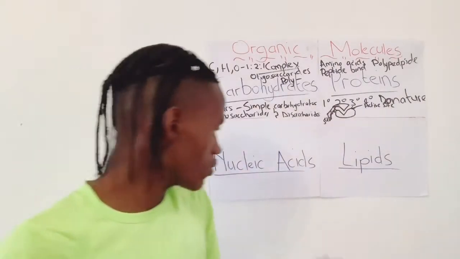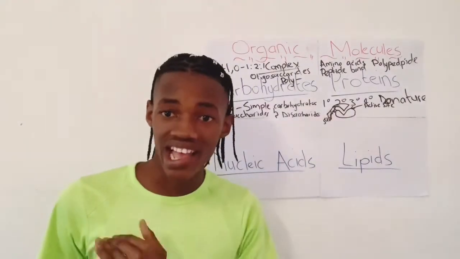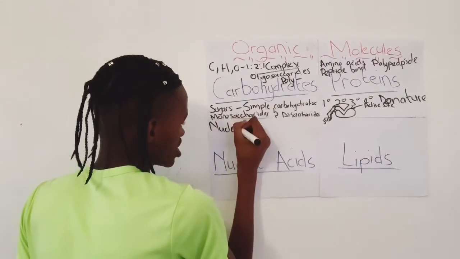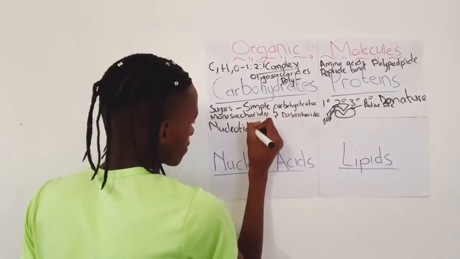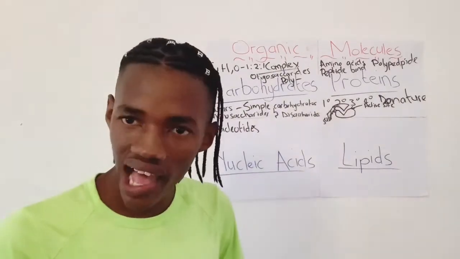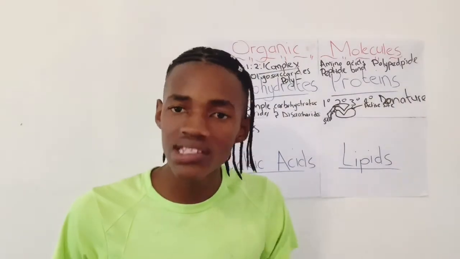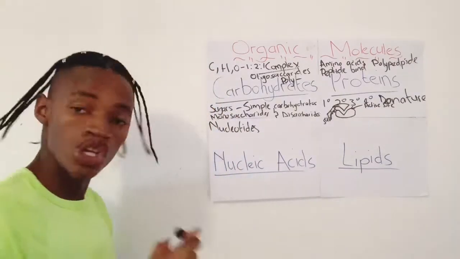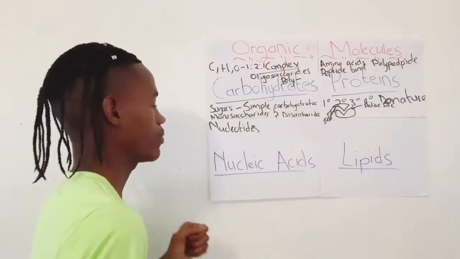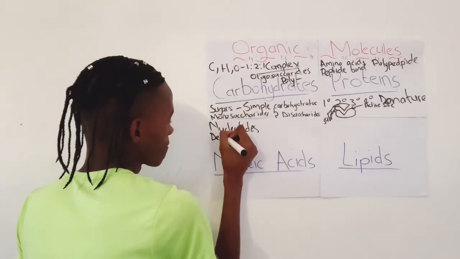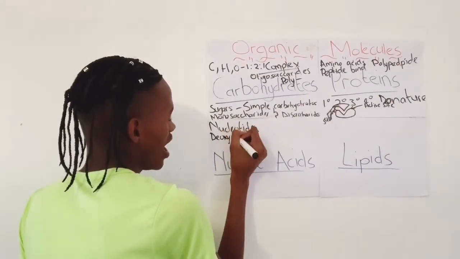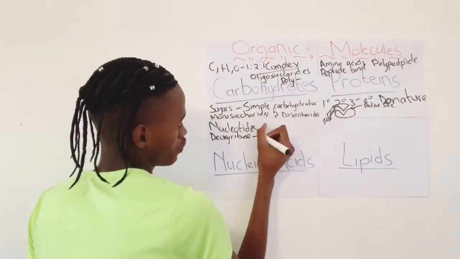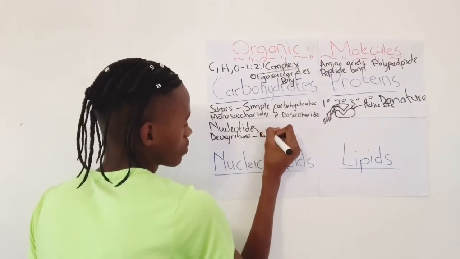Yeah. And then we also have nucleic acids. Nucleic acids are made of nucleotides. The nucleotides are the monomers that make up nucleic acids. A simple nucleotide usually contains a deoxyribose or a ribose.